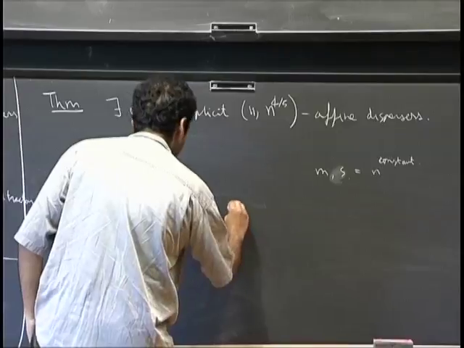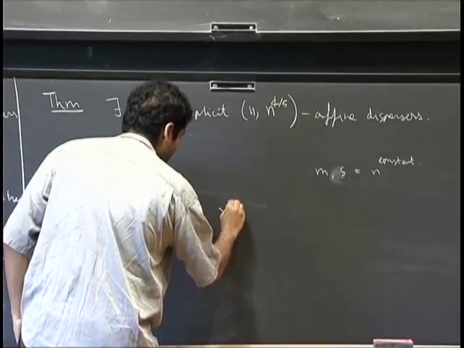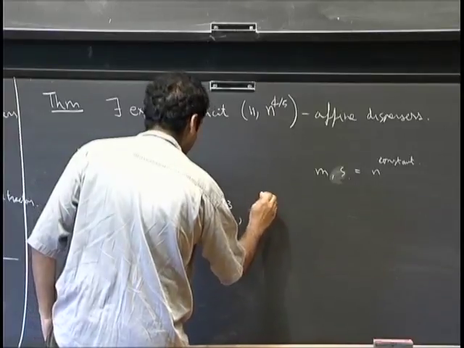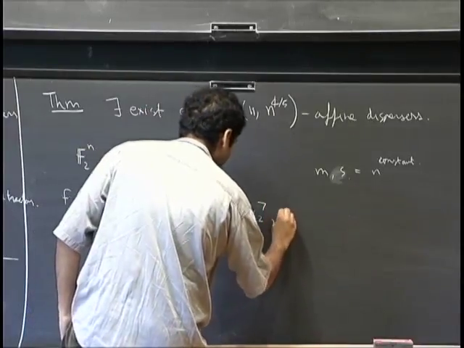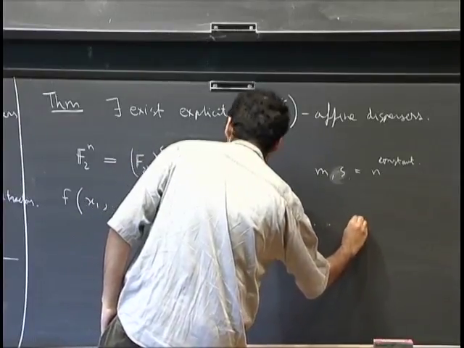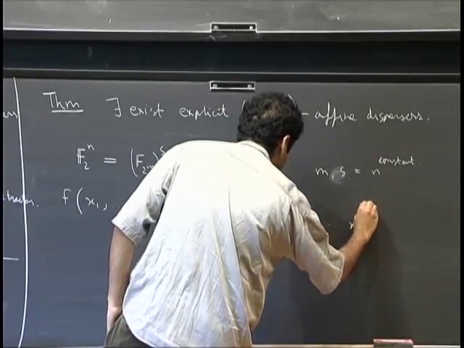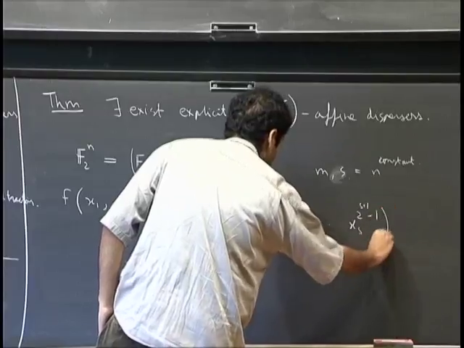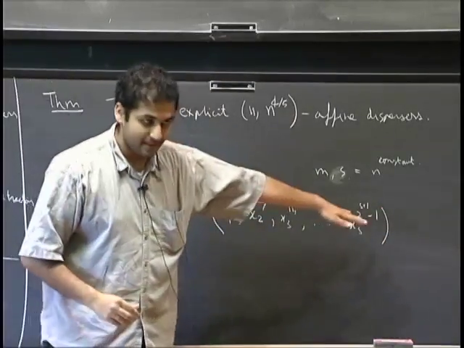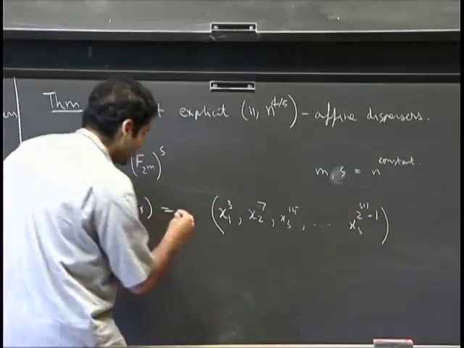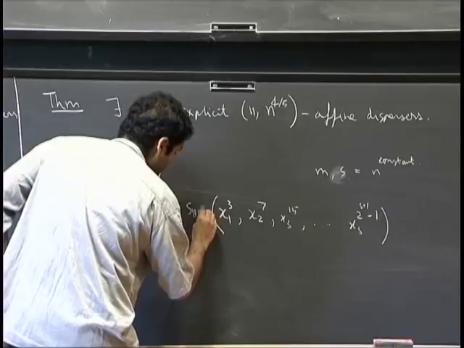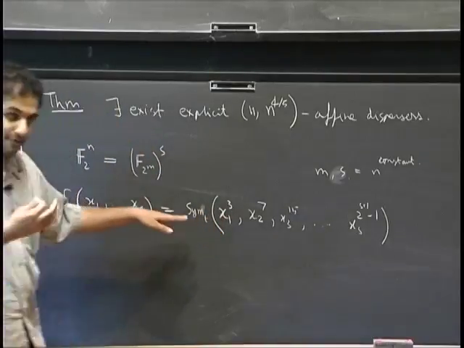Okay, good. So I will first look at x1 cubed, x2 to the 7, x3 to the 15, etc., up to xs to the 2 to the (s+1) minus 1. I'll take all these numbers and plug them into an elementary symmetric polynomial, the t-th elementary symmetric polynomial.